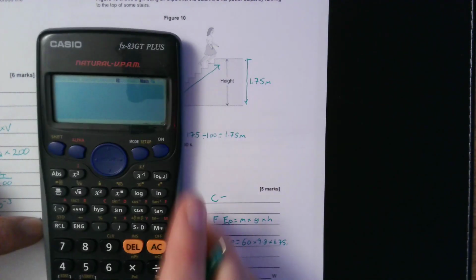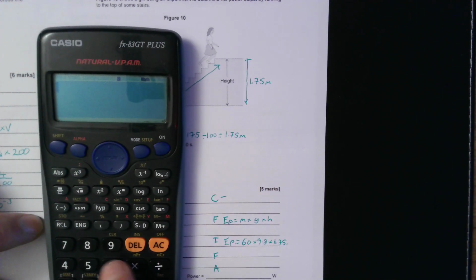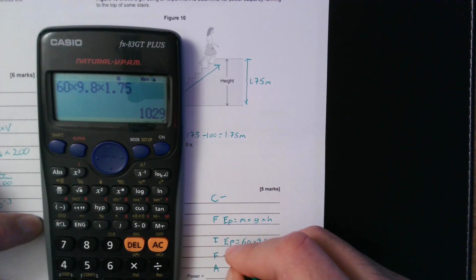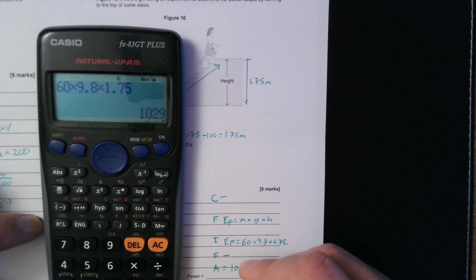Okay, now if we put that into our calculator, we've got 60 times by 9.8 times by 1.75. That gives us, we don't need to rearrange, that gives an answer of 1029 joules.